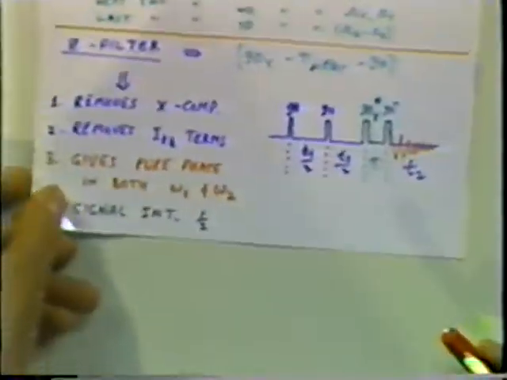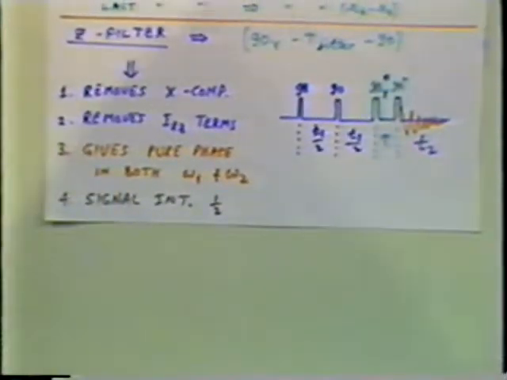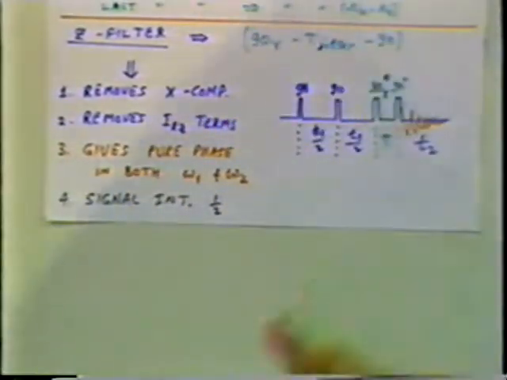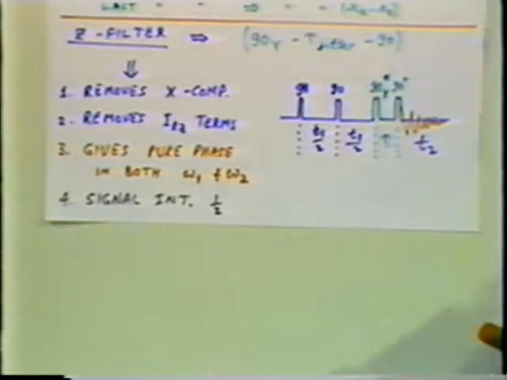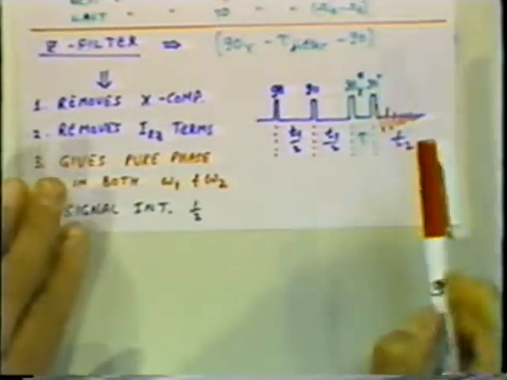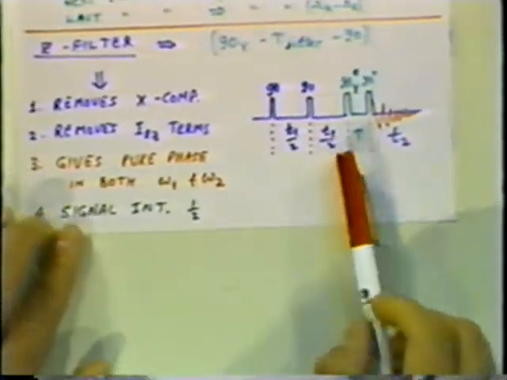Okay, what is the Z filter? Now, before I can describe to you the Z filter in detail, I will have to actually go through a little bit of the algebra of the spin-echo-correlated experiment itself. But before I go through that algebra, let me just tell you what we are really doing.